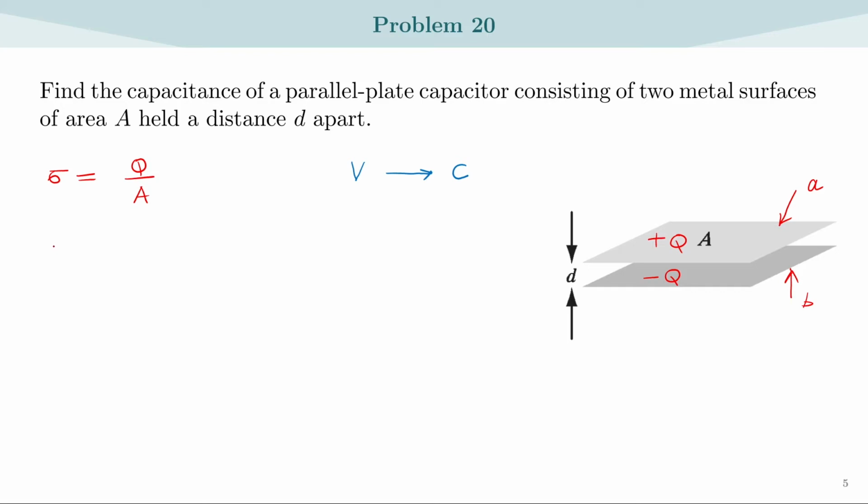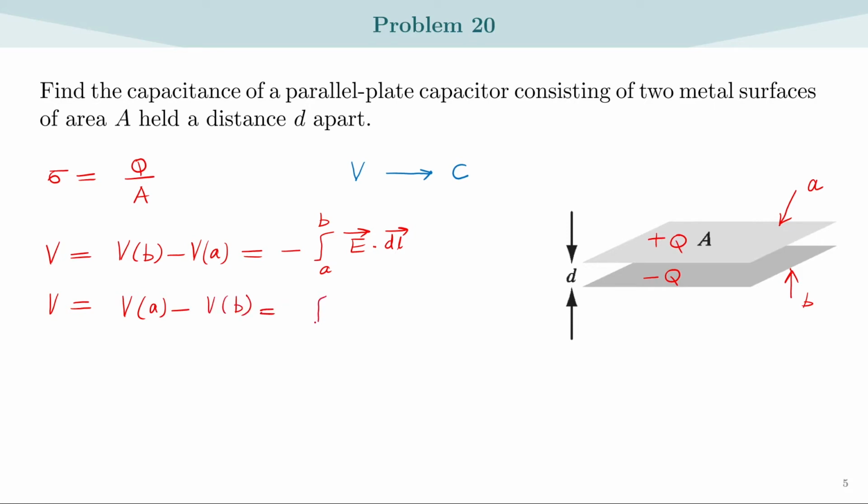Now, the potential difference between the plates is given by V equal to VB minus VA, which is equal to negative of the integral A to B E dot dl. And this is a standard equation. And since VA is at a higher potential, this equation will be rewritten as VA minus VB equal to the integral A to B E dot dl.